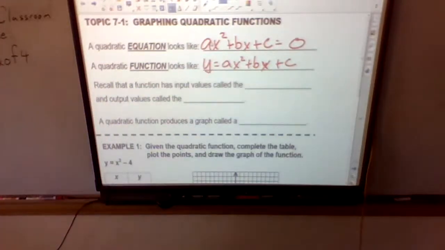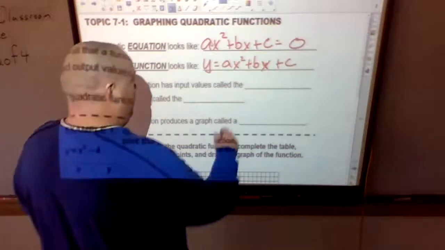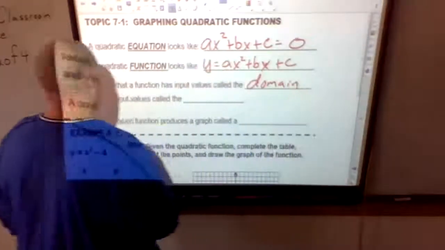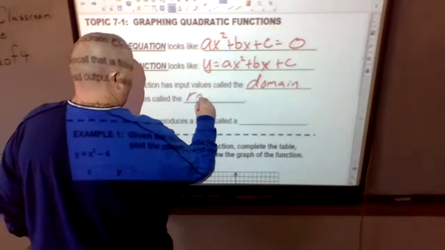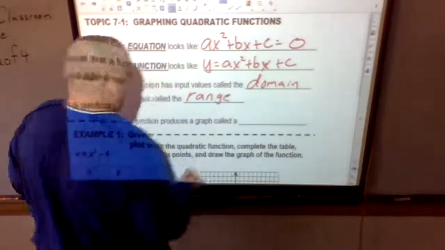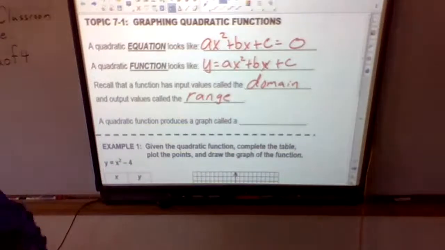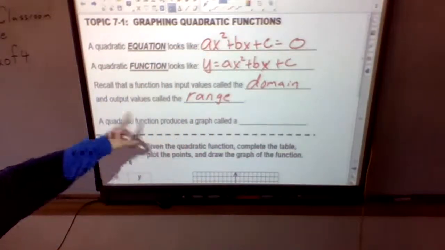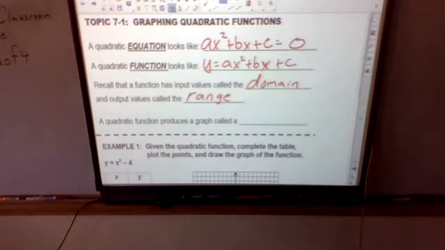Recall that a function has input values called the domain and output values called the range. Hopefully if you remember your Dixieroid table, domain, input, range, output, those go together when you make your Dixieroid table.